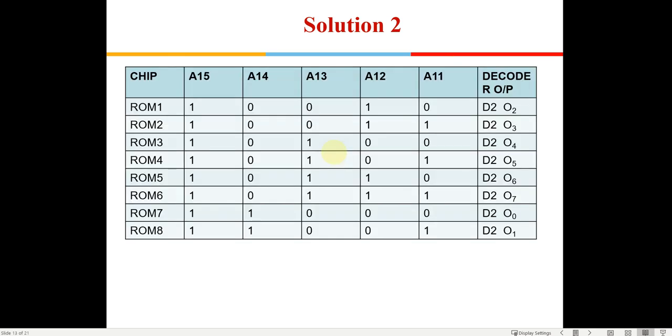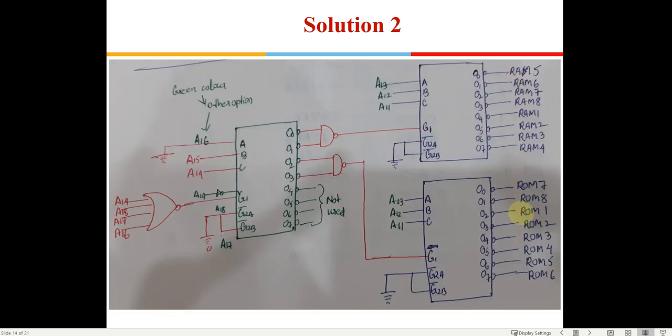Now if you see here, these are the 8 RAMs, and these are the ROMs. You have assigned these as D2 and these as D1. All the RAMs have been connected to D1, all the ROMs have been connected to D2, and these addresses have been assigned accordingly. So first we connect all those RAMs and ROMs accordingly.